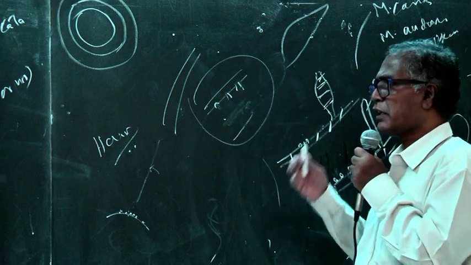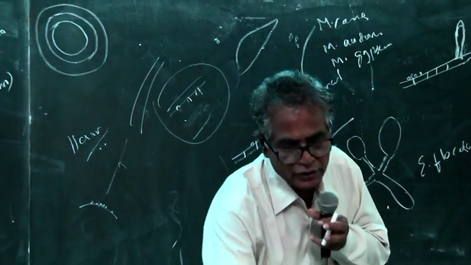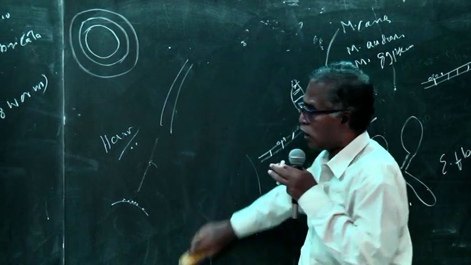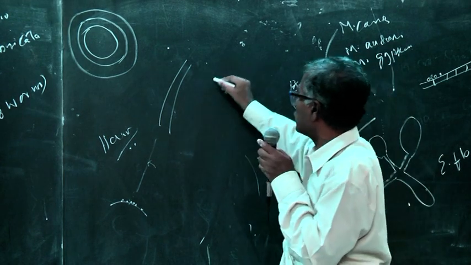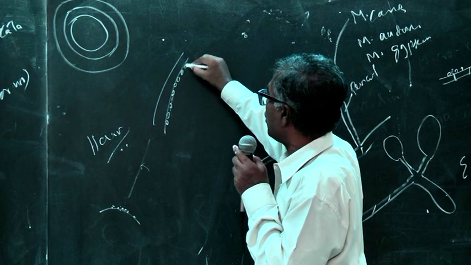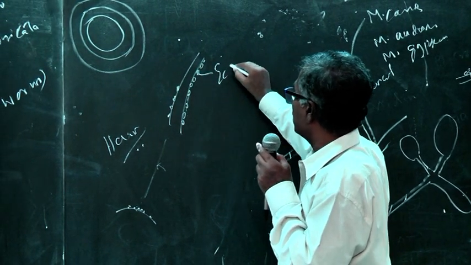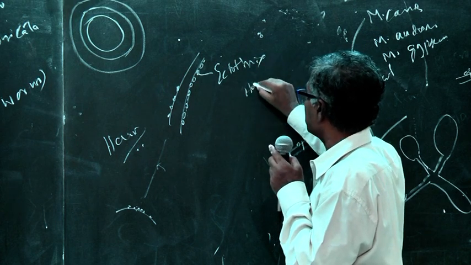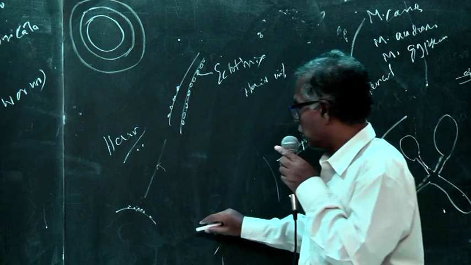Then how does the infection in the hair occur? Because you know that it produces arthrospores. If the hair is involved, and the spores are present outside the hair shaft, it is called ectothrix hair infection.